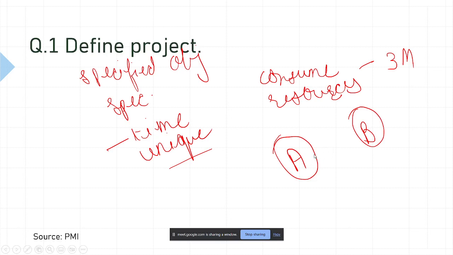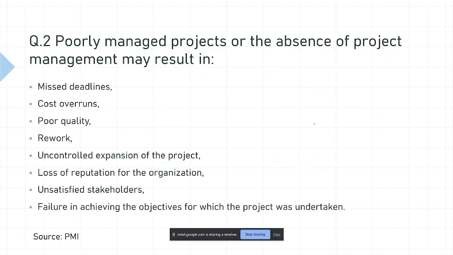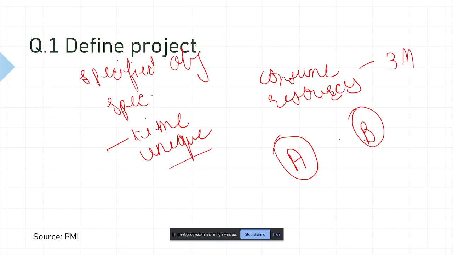Maybe the team that is going to build it changed. So that gives a unique perspective to your project, right? Is it acceptable to you?